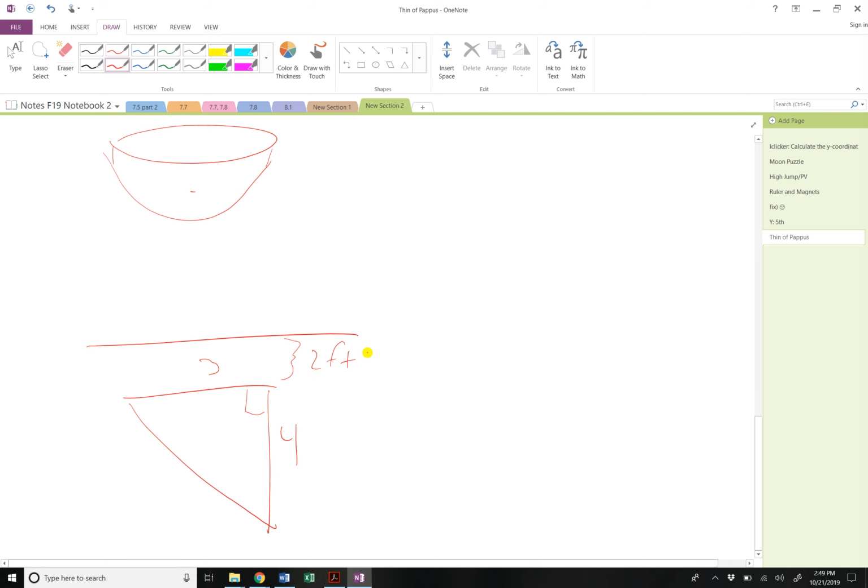How do you find the hydrostatic force? Well, that's the area of your region times the depth of the centroid times the density of water, or whatever your liquid is. So if this is water, that's 62.5, there's the density. Area, 3 times 4 over 2. Depth of the centroid.